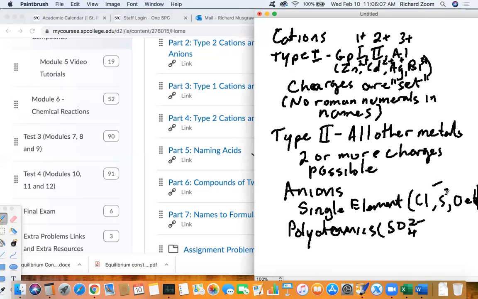Let me put some charges on these. ClO3 minus. So those contain more than one element. Does anybody have any questions so far?